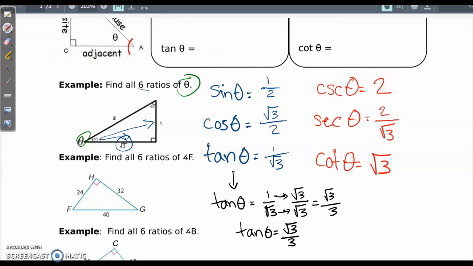Now if we try secant, simplifying this fraction, I'm also going to multiply the top and bottom, the numerator and denominator, by square root of 3 because that's the same number. We know that square root of 3 times square root of 3 makes a normal 3. 2 times square root of 3, we're just going to leave that as 2 radical 3.